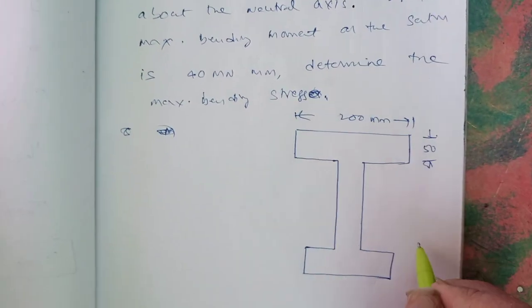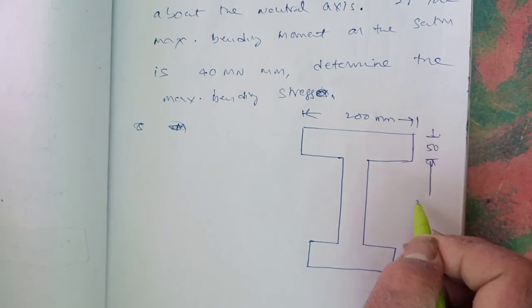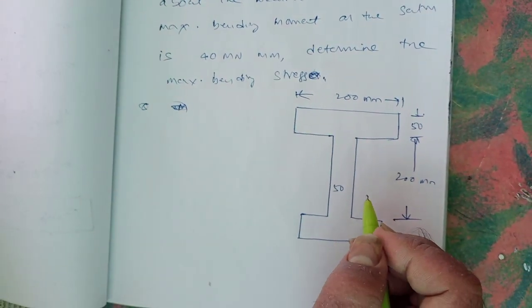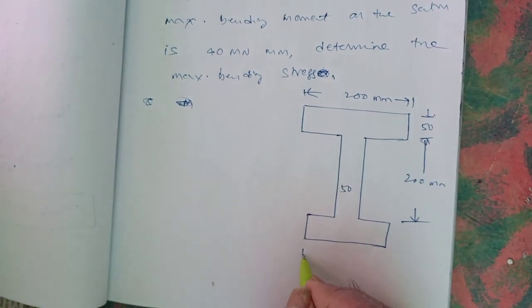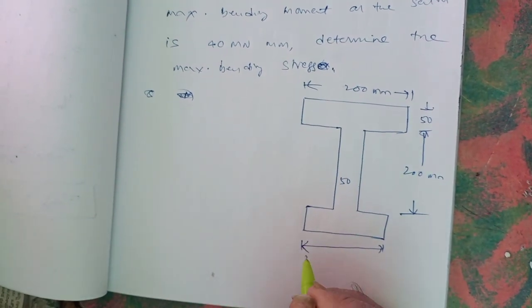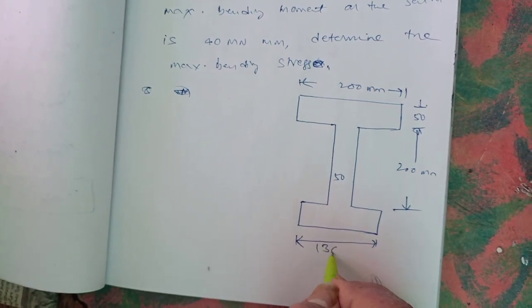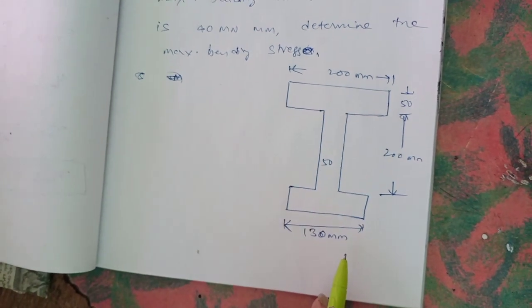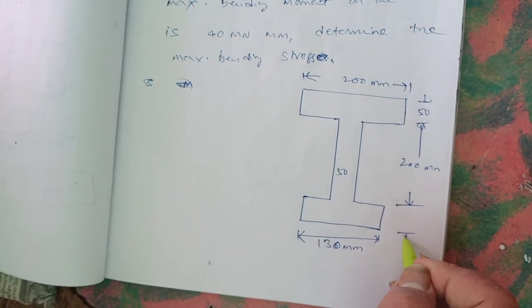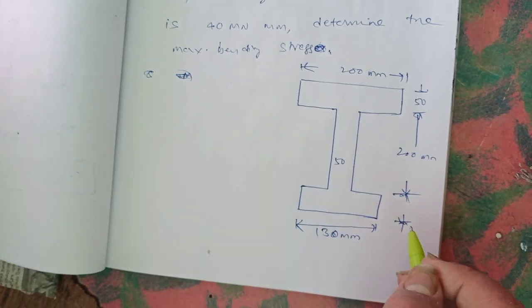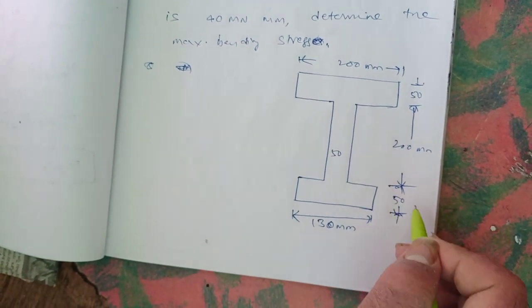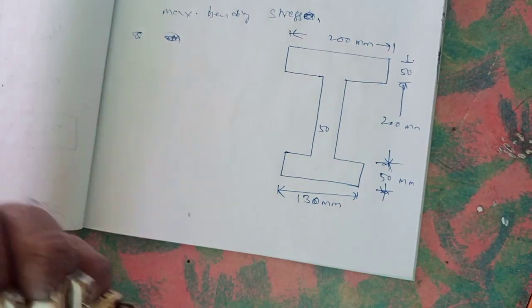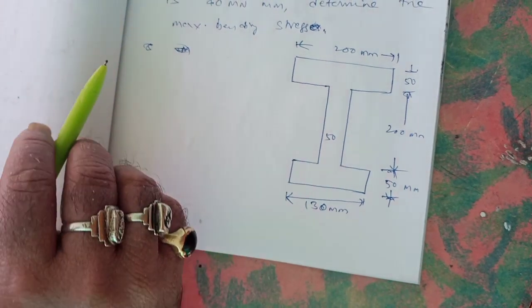Next, web height 200 mm, width is also same, 50. Next, bottom flange width 130 mm. So top is 200 mm and bottom is 130 mm, so both are different here. Bottom flange height is also same, 50 mm. So this is the section given.